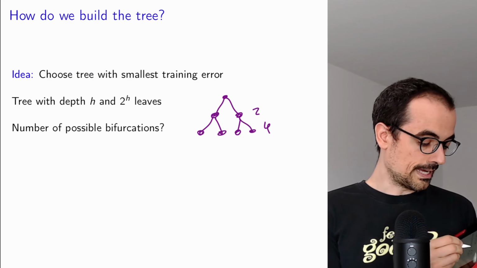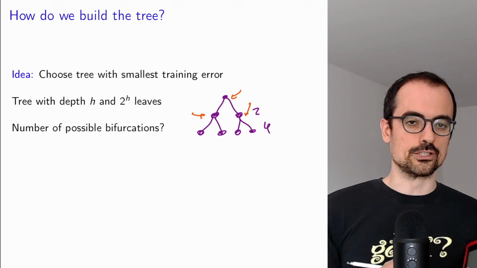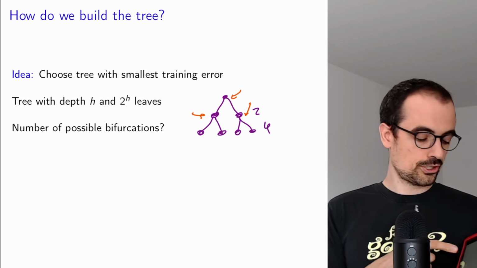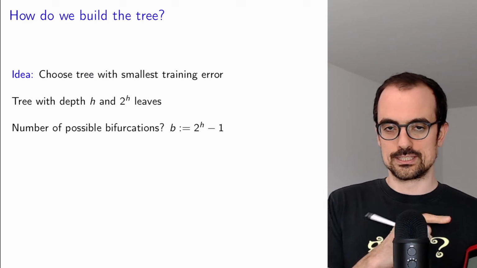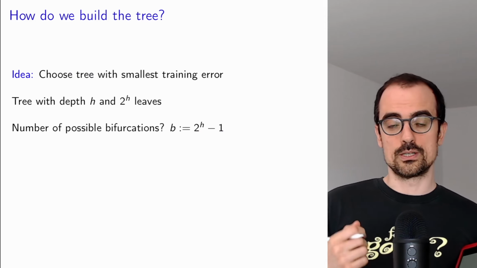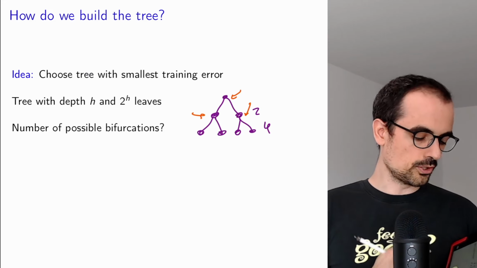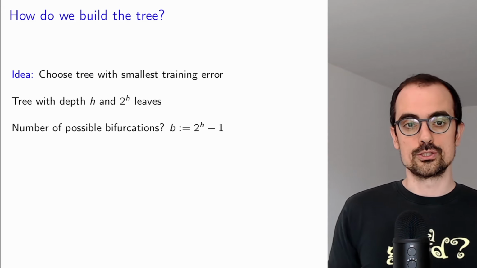So here we have 1 bifurcation, 2 bifurcations, 3 bifurcations. It turns out that if we have depth h, the number of bifurcations is going to be 2 to the h minus 1. And you can check that for my small example. This is true because 2 to the 2 is 4, minus 1 is 3. Okay, and we saw 3 bifurcations here. And you can see that this is also true for larger trees.